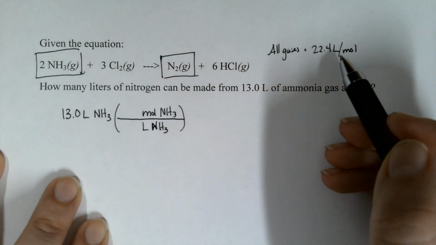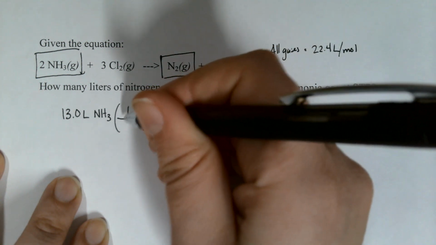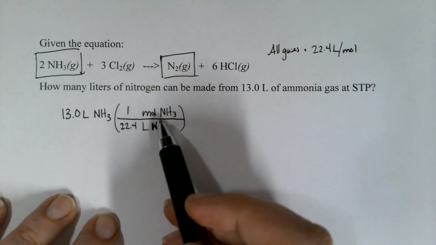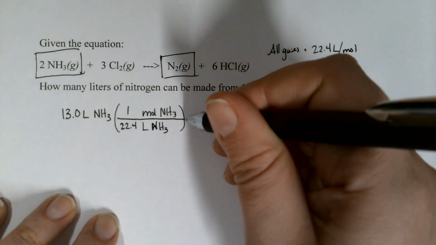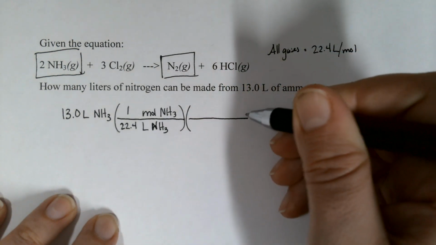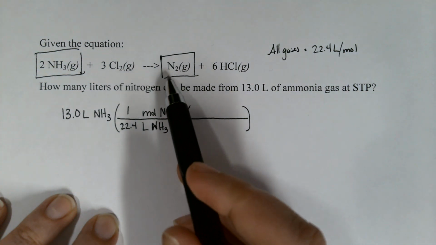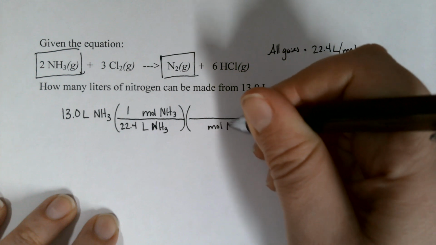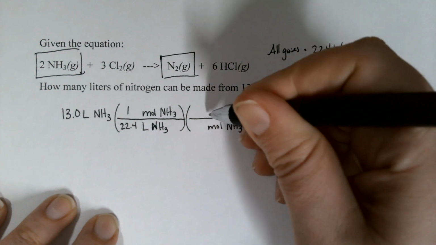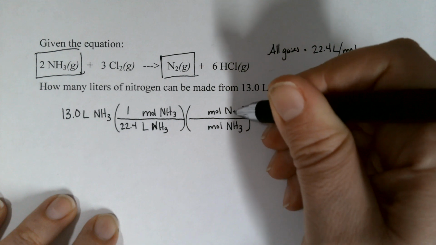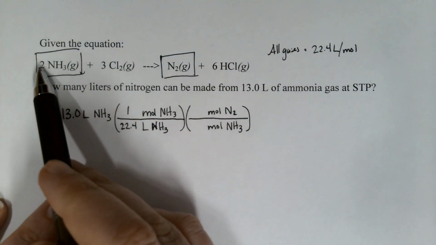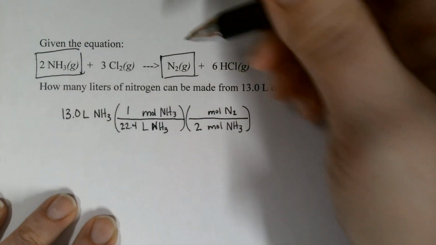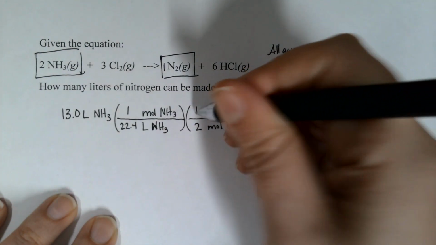And the ratio we use here is 1 mole per every 22.4 liters. Now that we've converted it to moles, we will convert it from moles of NH3, which is our given amount, to moles of N2, which is our wanted amount. So we're going to cancel out moles of NH3 in the denominator, and we will put moles of N2 in the numerator. The ratio here is 2 moles of NH3, so the 2 goes in the denominator, per every 1 mole of N2.